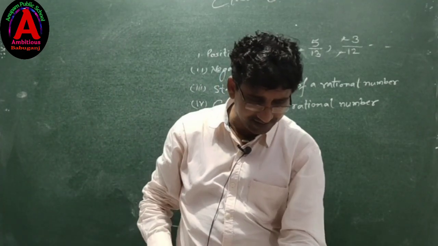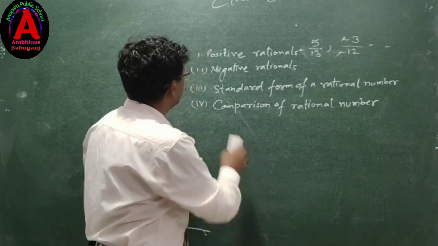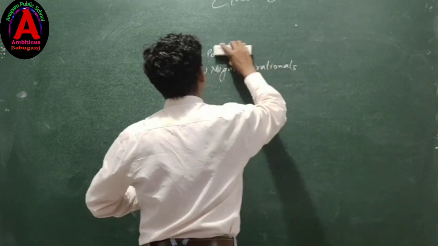Now second is negative rationals. What are negative rationals?